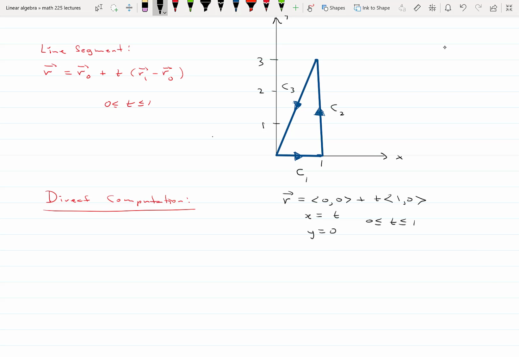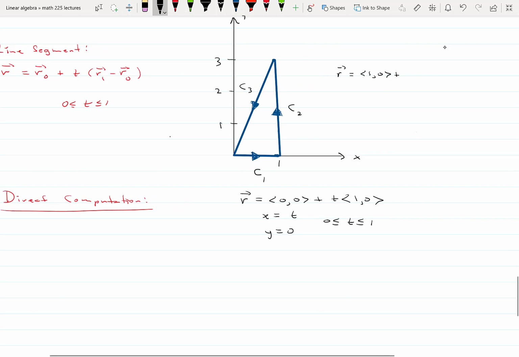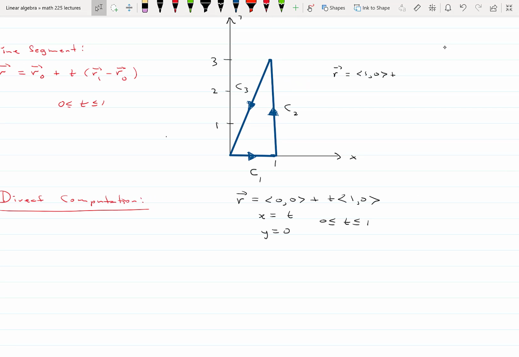For C2, the initial R value can be thought of as the vector 1, 0. So here's R naught plus, well, if R naught is 1, 0, then R1 should be 1, 3. See, this is the point 1, 3 up here, so it can be regarded as a position vector whose components are 1 and 3.